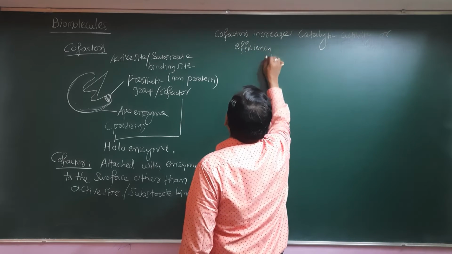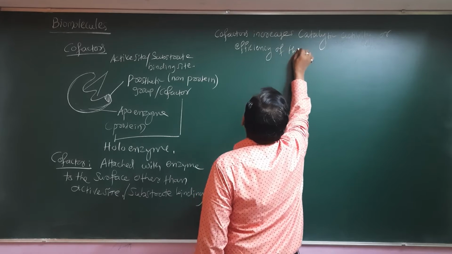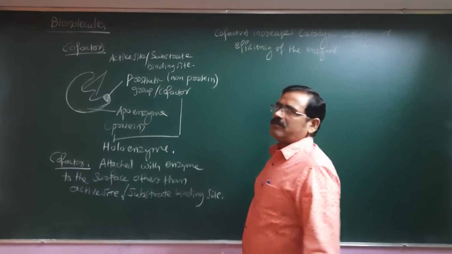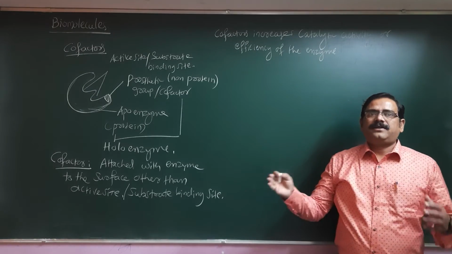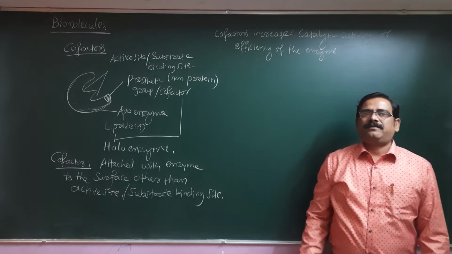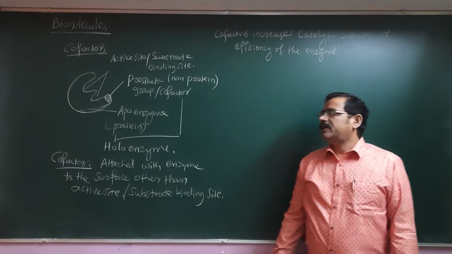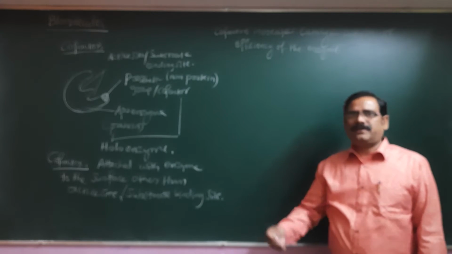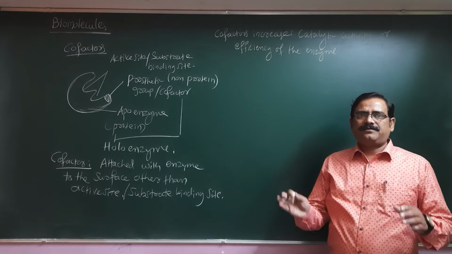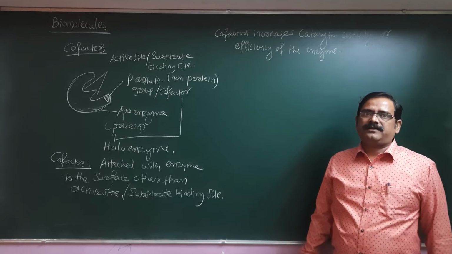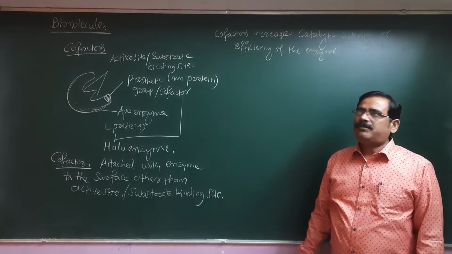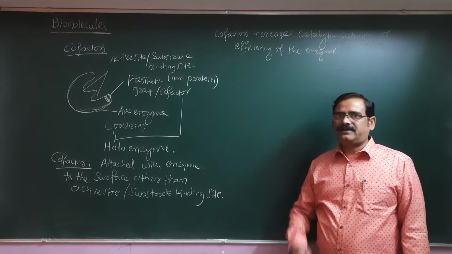The presence of a cofactor gives the enzyme the strength to accelerate the conversion of substrate to product. So the catalytic activity is enhanced by the presence of these cofactors.